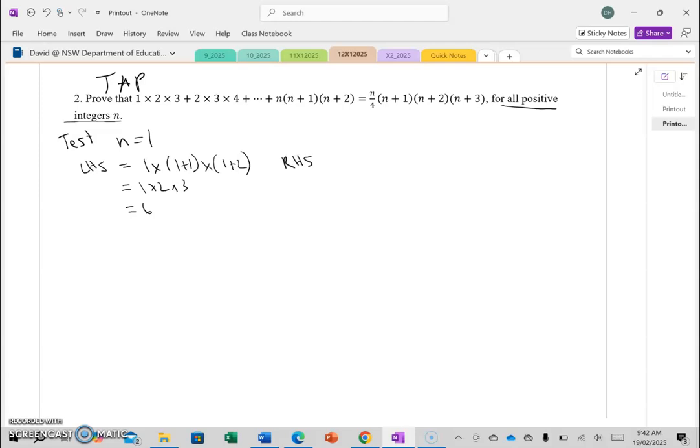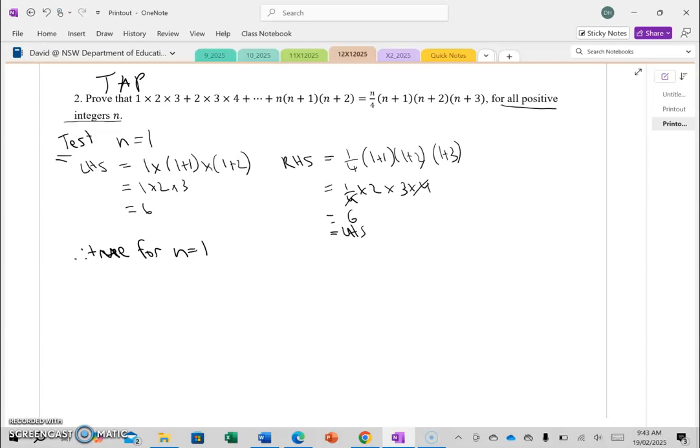Right hand side, if you sub in n equals 1, you're going to get 1 quarter times (1 plus 1) times (1 plus 2) times (1 plus 3), which is going to be a quarter times 2 times 3 times 4. That cancels and we're left with 6, which equals the left hand side. Therefore, true for n equals 1. So that's my T done, my TAP.